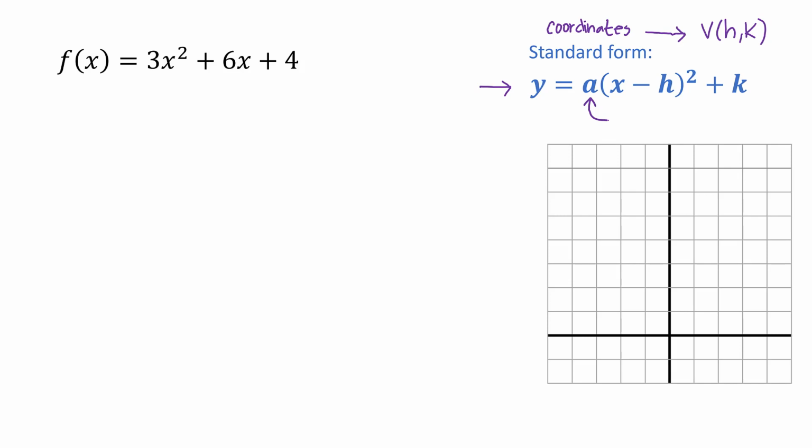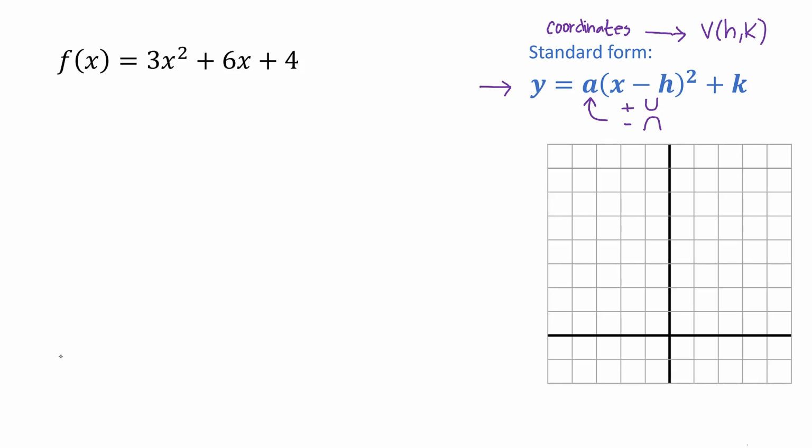If a is positive, our parabola will be opening upward, and if a is negative, our parabola will be opening downward. To begin, we see that we have first a constant and a squared binomial.